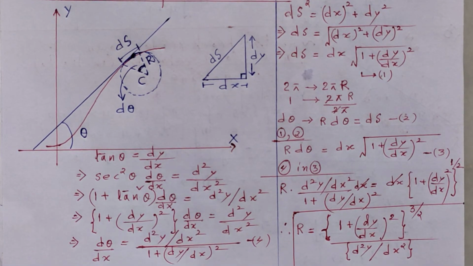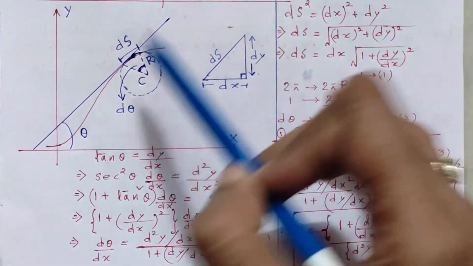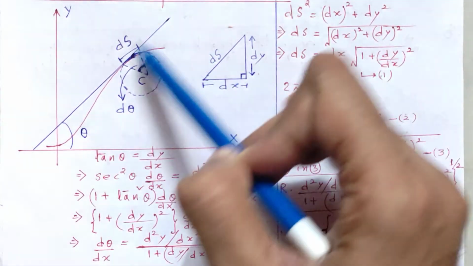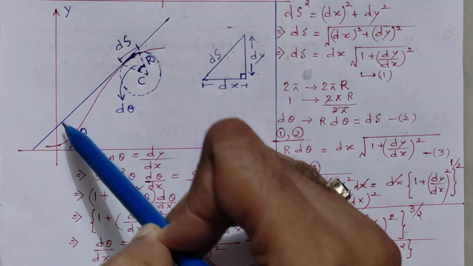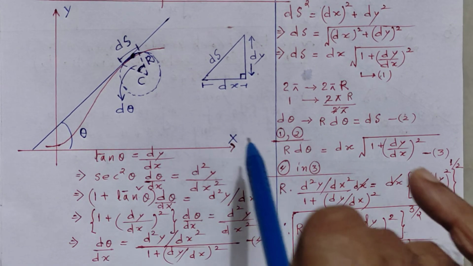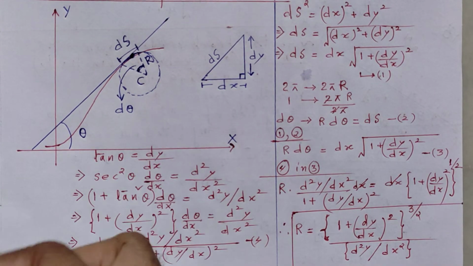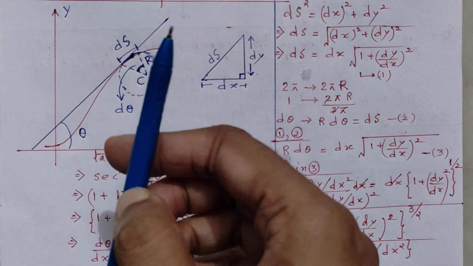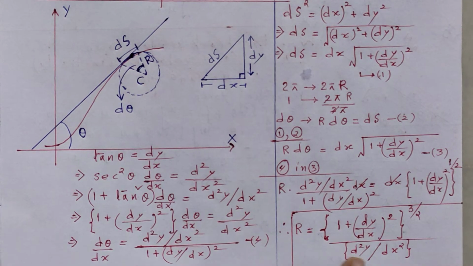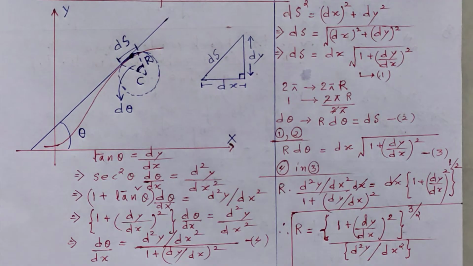How do we find radius of curvature? First of all, at that particular point I will draw a tangent, and that tangent is making some angle with the positive direction of x-axis, which we are calling tan theta, and that is dy/dx. And then I will see the rate of variation of that slope, because d2y/dx2 represents that. The slope of the curve is dy/dx.